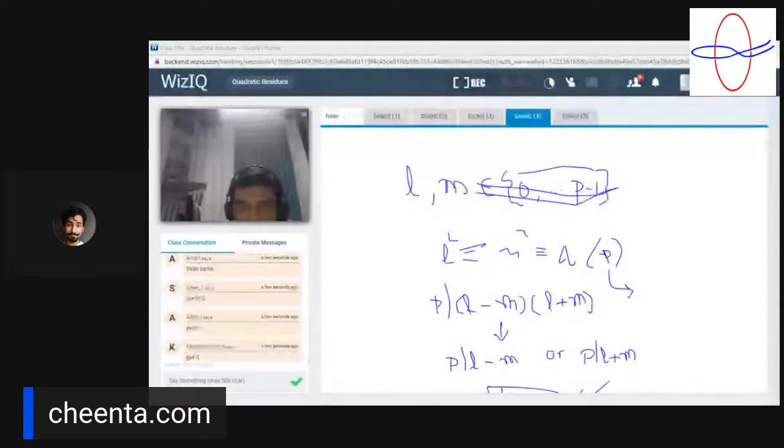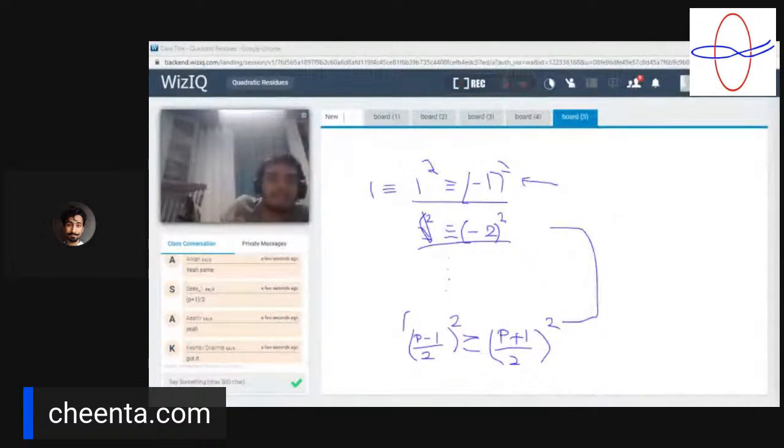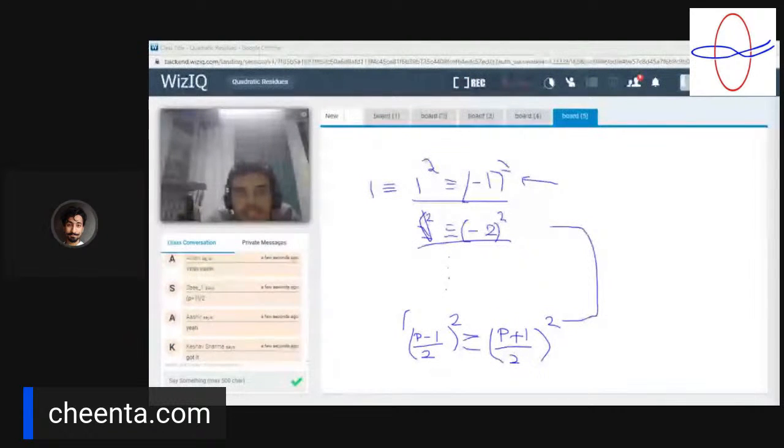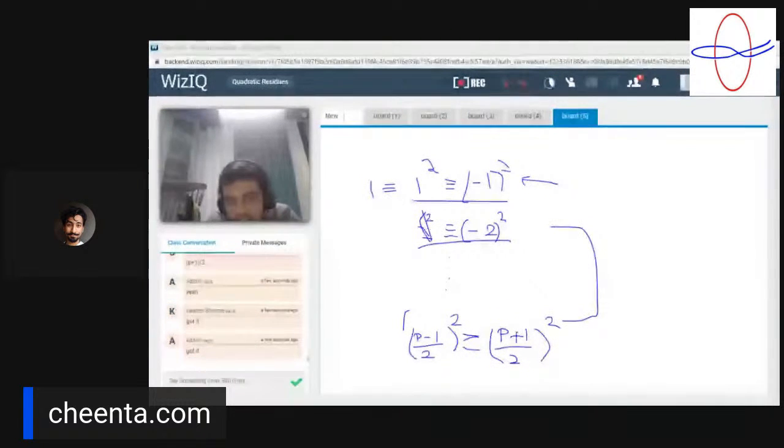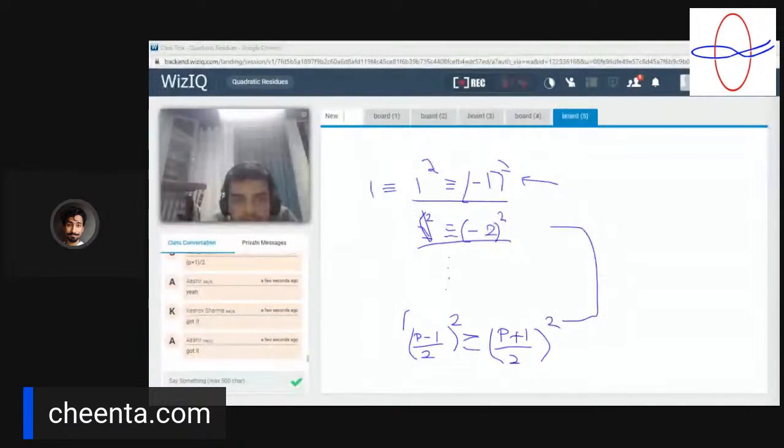So from this contradiction, you basically get that there are (p-1)/2 different residues mod p, and hence there will also be (p-1)/2 non-residues.